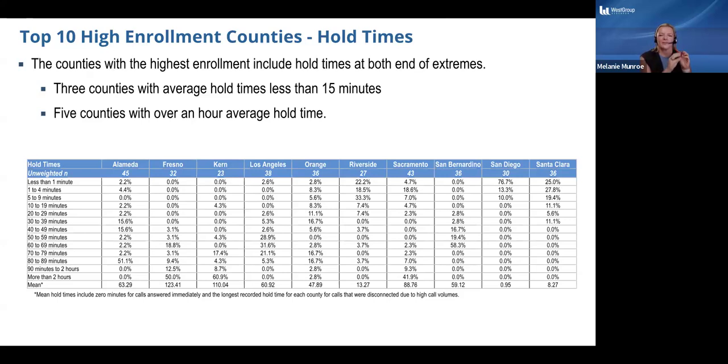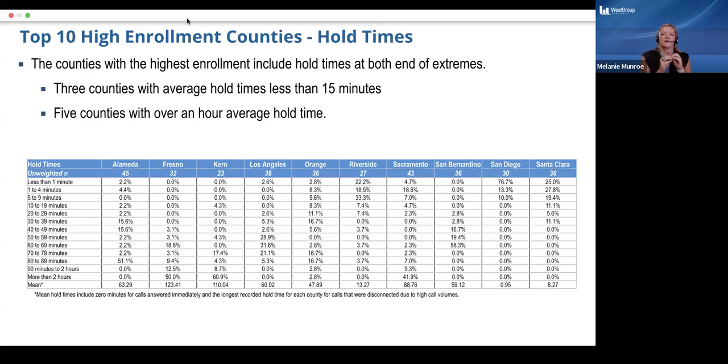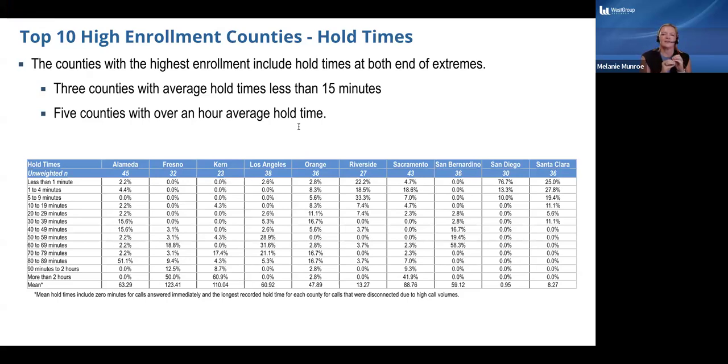I know our distribution of call times is pretty detailed as it goes mostly by 10-minute intervals, but there's a pretty high percentage of calls that were assigned 80 to 89 minutes because there's so many calls where when we called, they ended at about 89 minutes. And then there were 44% of calls that resulted in the high call volume disconnect message. And then we're also assigned that longest wait time of 89 minutes.